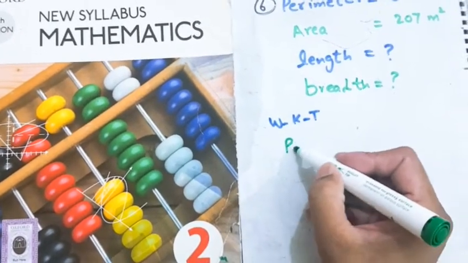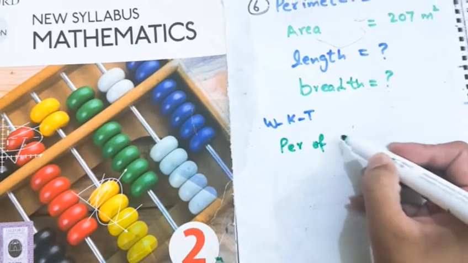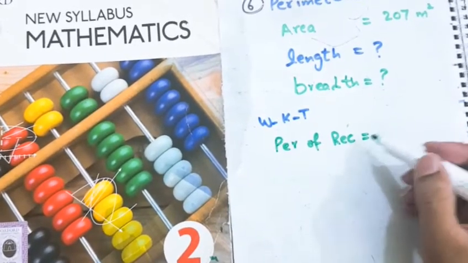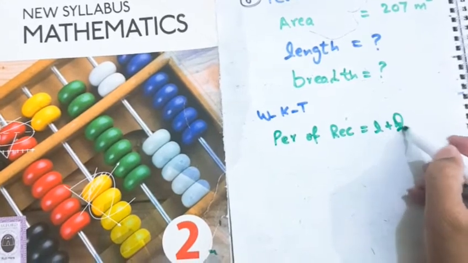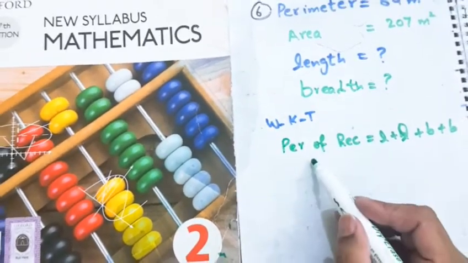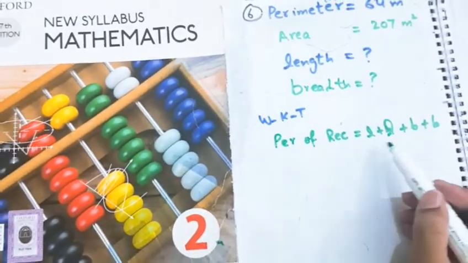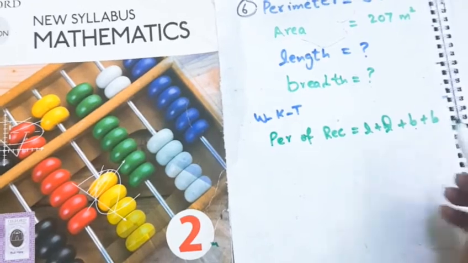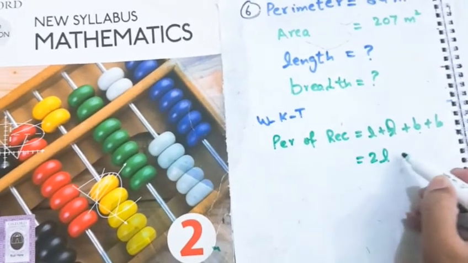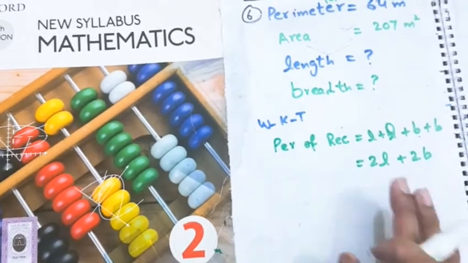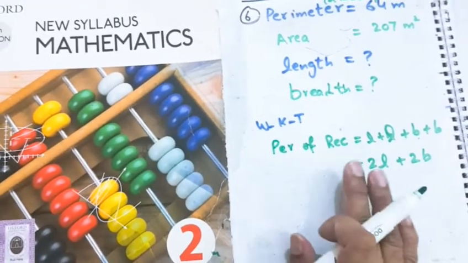So we know that the perimeter of a rectangle is equal to length plus breadth plus length plus breadth. That means two lengths and both breadths are added. So then we are able to get the perimeter of the rectangle.